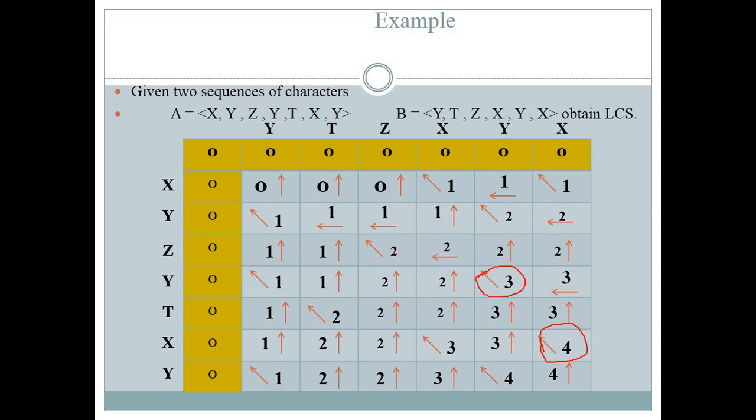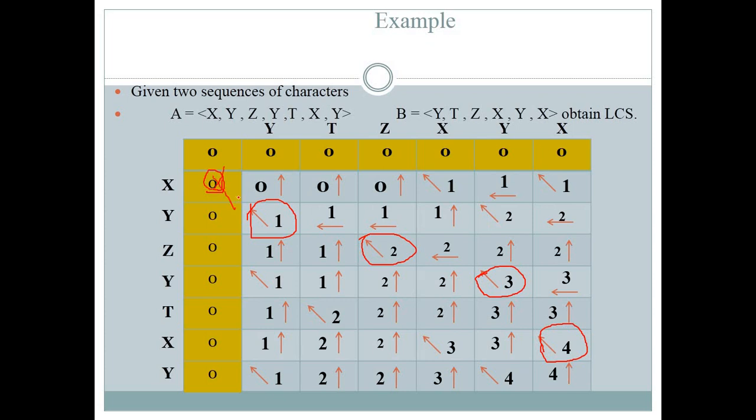It says go to the left side, where we get another tilde sign, so we put a circle again. Then it says go to the diagonal, and then go to the left side, where we have a tilde sign again, so we put a circle. It says go to the above cell, where we get the value 0, so we stop here.